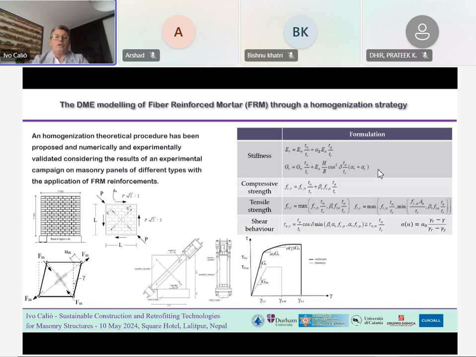According to a theoretical proposal, a homogenization strategy is considered in order to evaluate the effect of the reinforcement on the masonry macro portion.